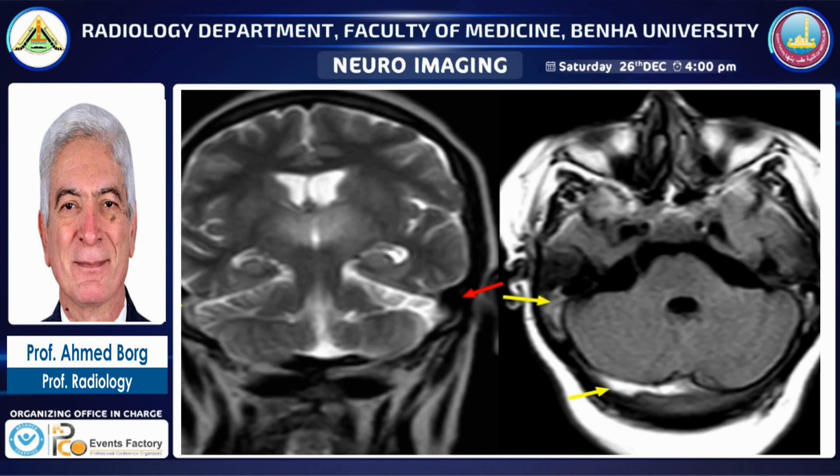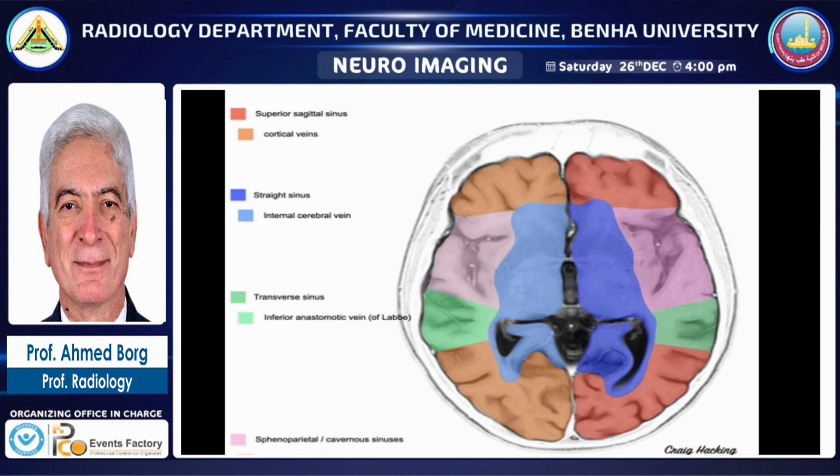Usually with this type of pathology, there is clot or thrombosis in the dural sinuses or cortical veins, which is not present in this. This is a diagram of the vascular territory of the venous sinuses.